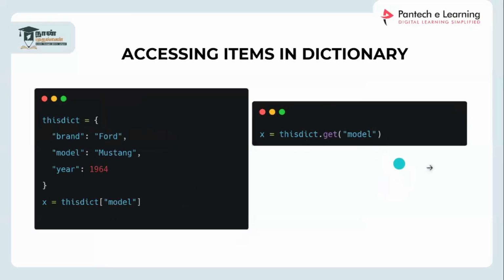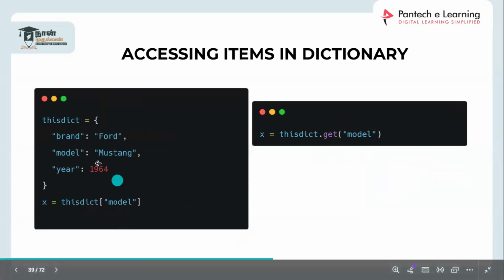So accessing items in a dictionary, there are two kinds of methods. One is the general method, another one is a default function. The function is get. The general method is just calling our dictionary variable name and mentioning the key name, and we can get the output of the value.